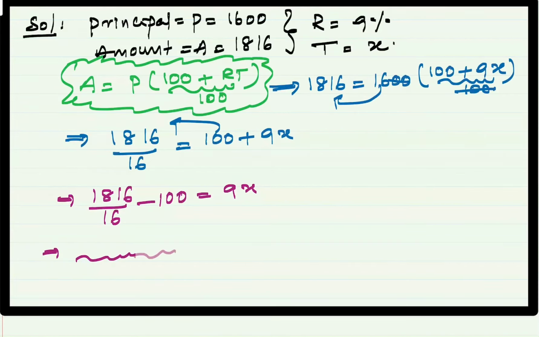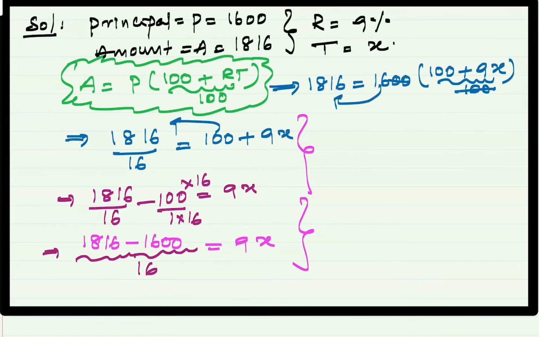Here LCM we have to take. What is the LCM here? 16. Here denominator 1. To make it 16, it should be multiplied by 16. So at the same time the numerator also multiplied by 16. So now we can write the values here: 1816 minus 1600 equal to 9X.